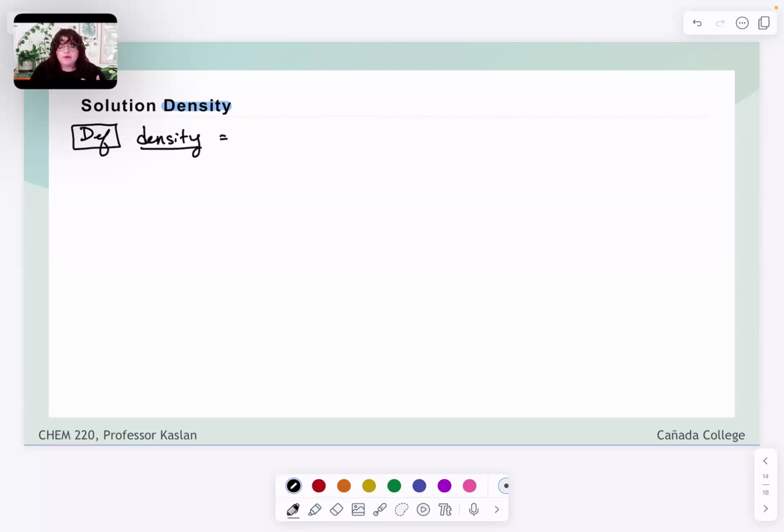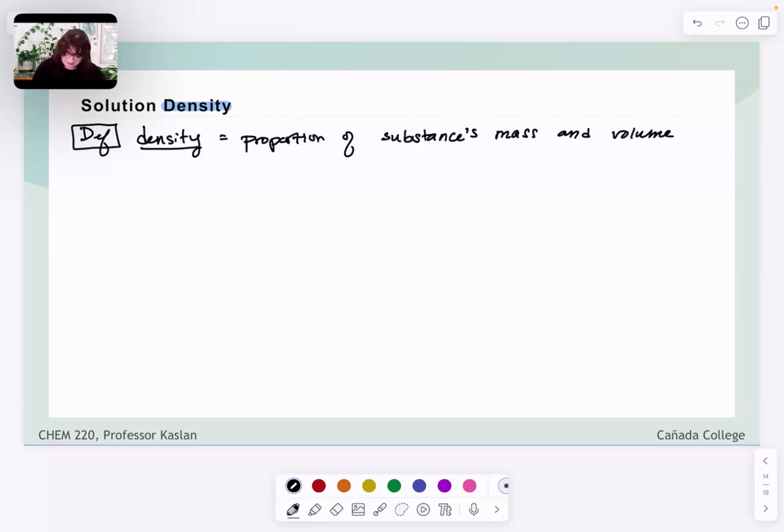If concentration is a proportion of moles to volume, and molar mass is mass to moles, then density is a proportion of a substance's mass and volume.